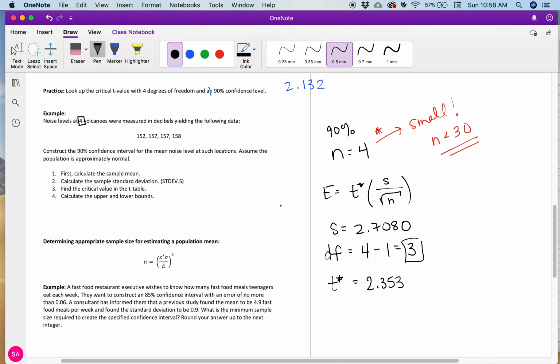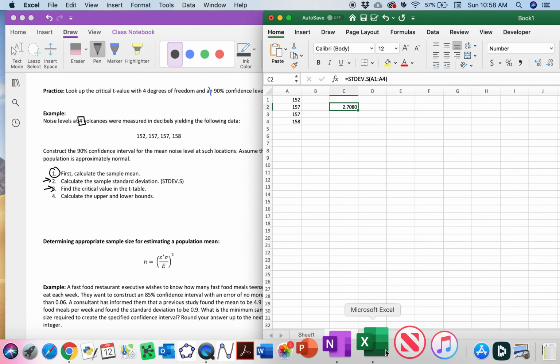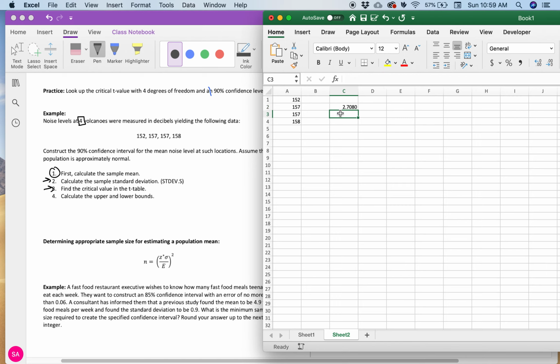Okay. So I'm just realizing I kind of went out of order from the directions here. You can follow this order. Basically, I did 2 and 3 first. And I forgot about number 1. Because we will need the sample mean. We need the sample mean to actually figure out the interval. So I'm going to pop back over to Excel and find our sample mean.